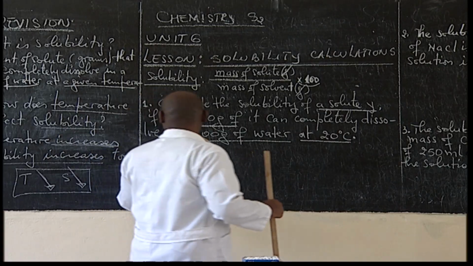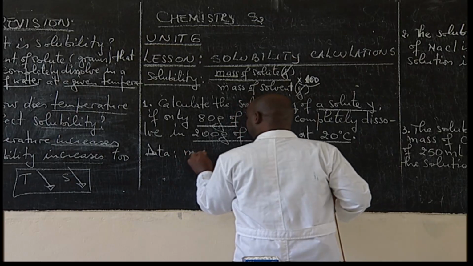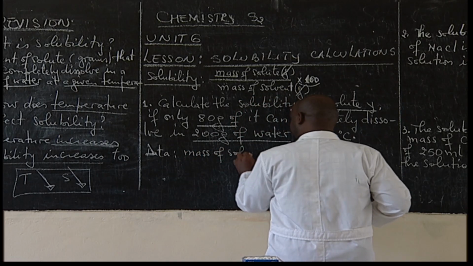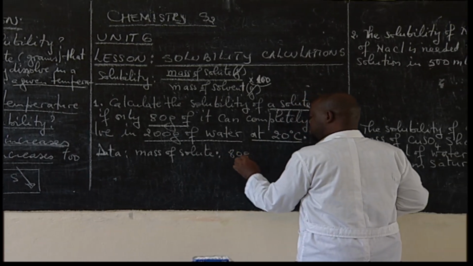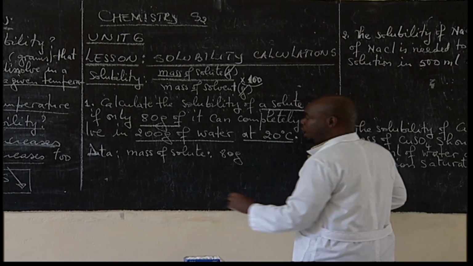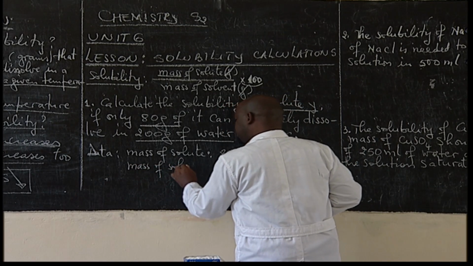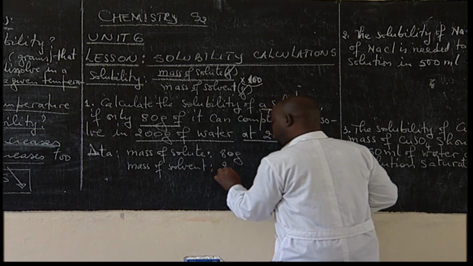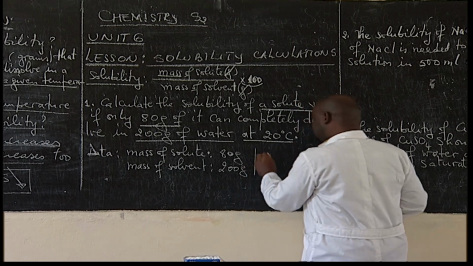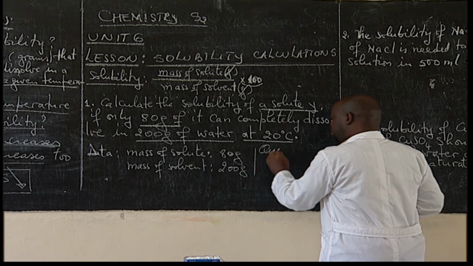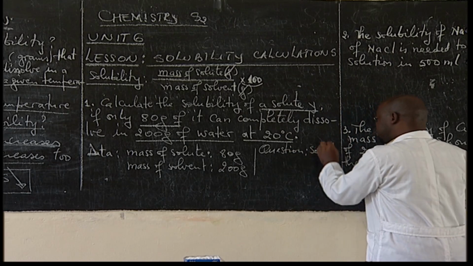And the data we have here is the mass of solute, that is 80 grams, and mass of solvent, which is 200 grams. And what is being asked, the question we have is to find solubility.